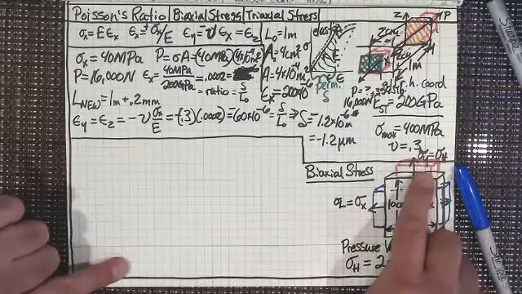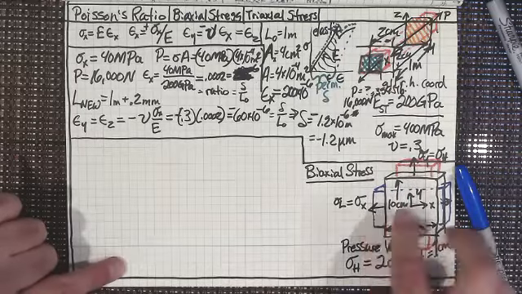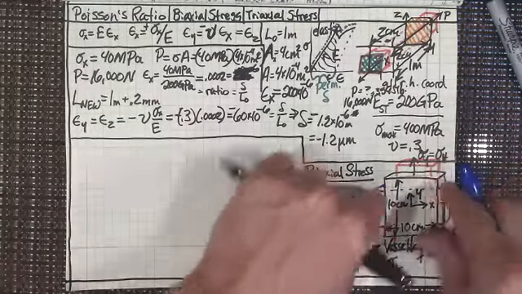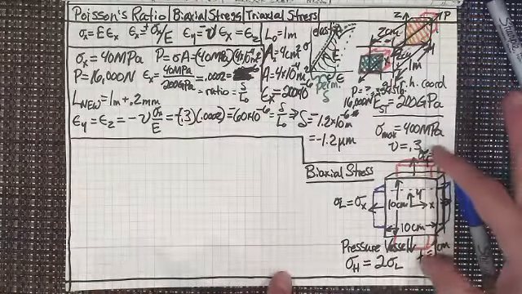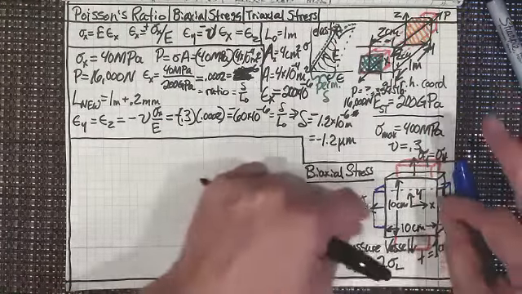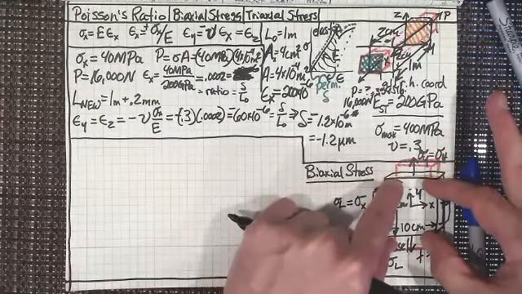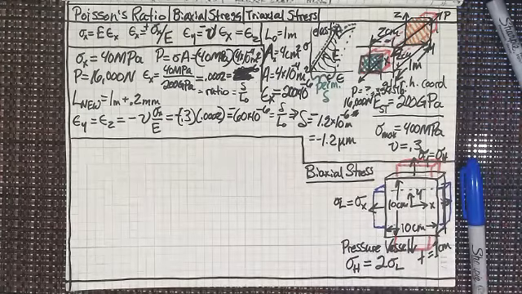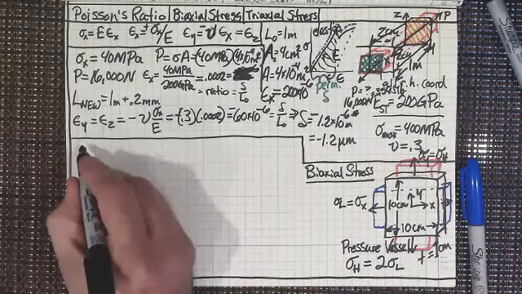And the strain in this direction would be sigma sub y divided by E. But then, they're also pulling each other in. So sigma sub y is pulling it longer, but then sigma sub x is pulling sigma sub y in a little bit too, isn't it? That's exactly right.